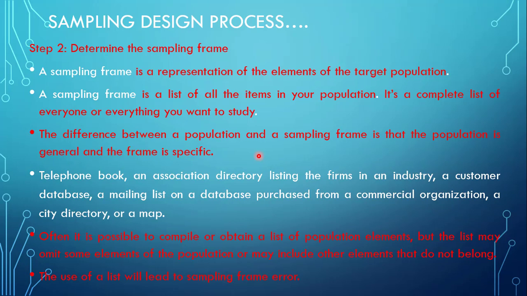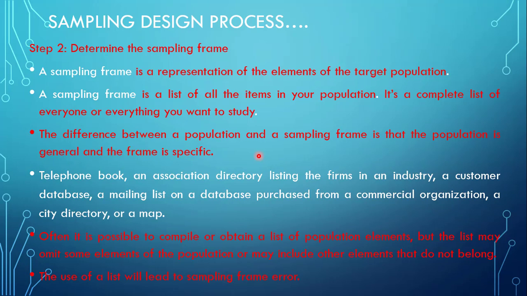You can get the lists, but you might encounter a sampling frame error if an element is omitted from the list, or a wrong element is included in the list. So the sampling frame is just the list. These lists could be acquired from directories, customer databases, or commercial organizations, and so on.